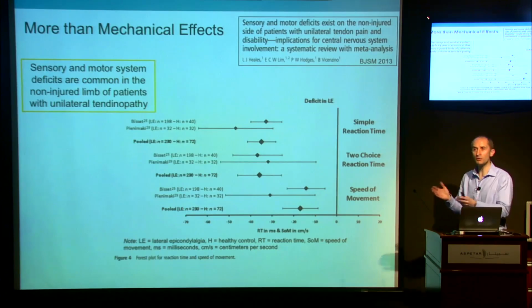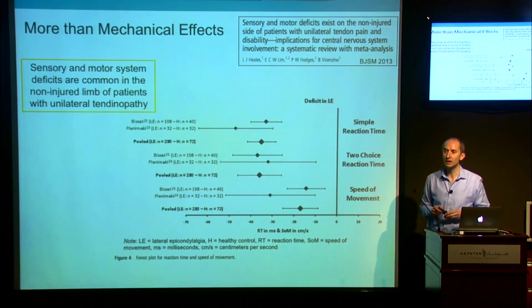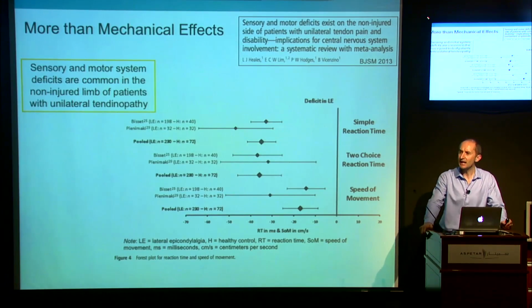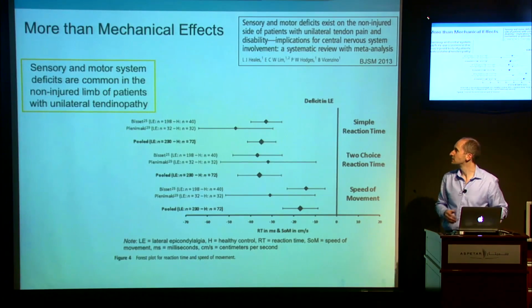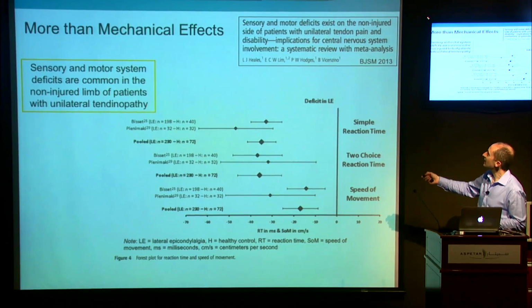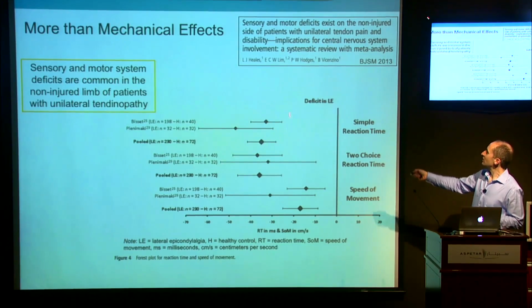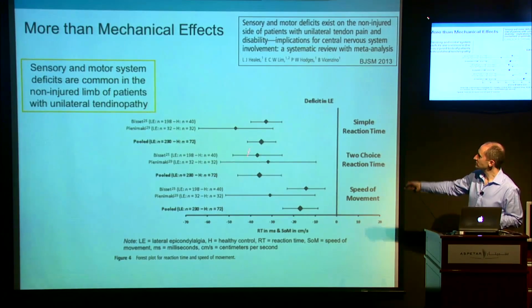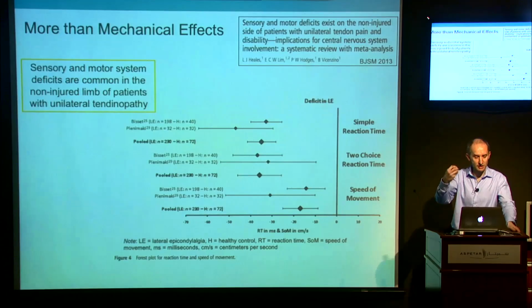But we recognize that when we're getting effects at a tendon level, it's more than just the mechanical effects. We know that when you have a tendon injury, there are many sensory and motor deficits. And here consistently, again in this systematic review and meta-analysis in BJSM a few years ago, we see a significant reduction in cortical drive and sensory and motor characteristics.